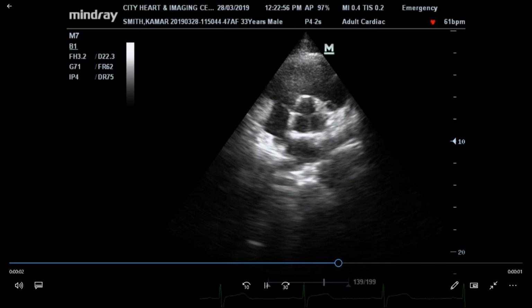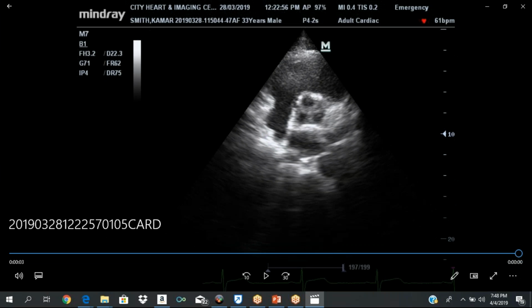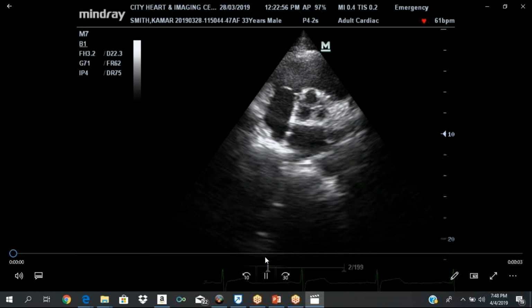So this is your short axis at the level of the aorta. To get your short axis, you rotate the probe clockwise from the parasternal long axis position, and at about the 1, 2 o'clock position, you pull the angle of the transducer down, and you get short axis at the level of the aorta.